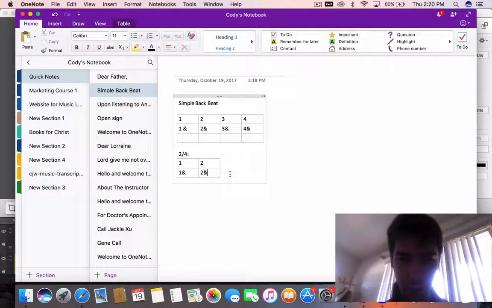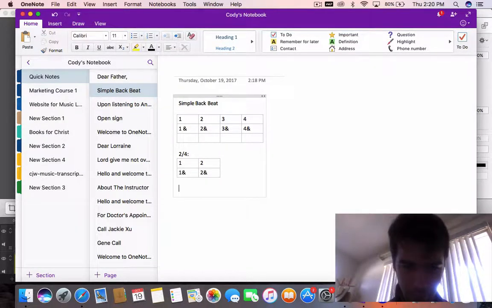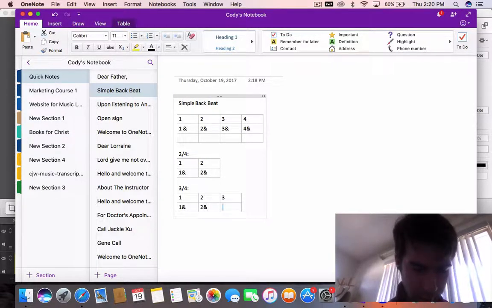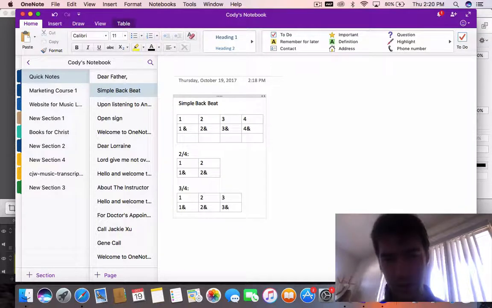3/4, you would have this. 1, 2, 3, and then you'd have 1 and 2 and 3 and. So it divides up into groups of 2 normally.